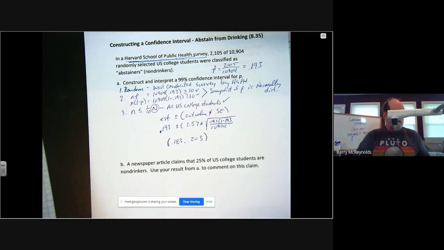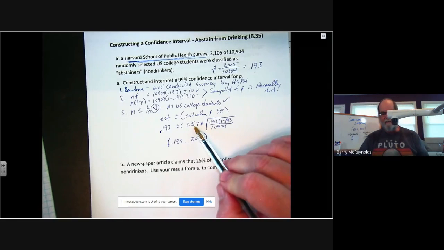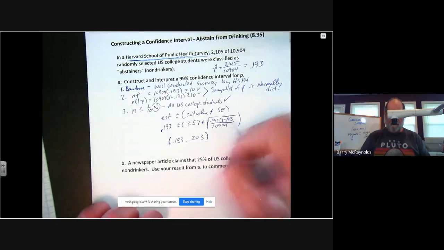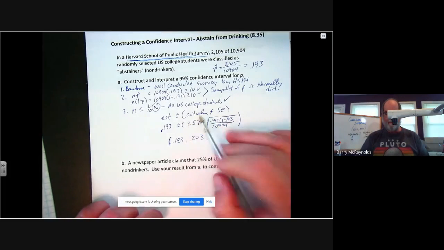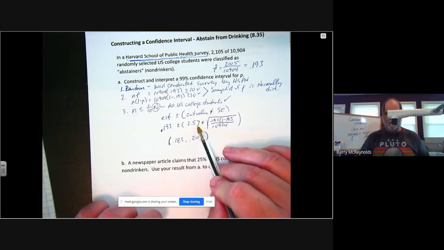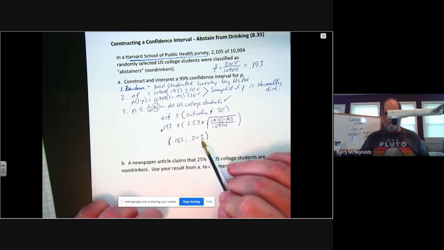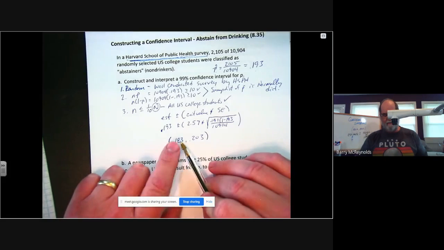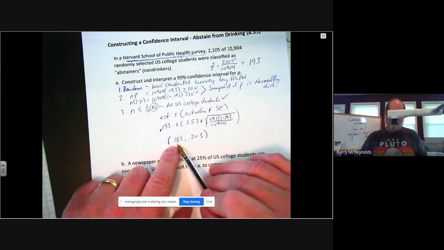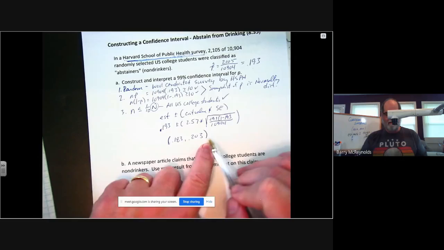Okay. So let's go back to what would happen if we use the other value, 2.58, out of table A for this value. Well, what's going to happen when I multiply these two values together, I'm going to get a slightly larger number here, or this product will be larger, so this one will be slightly smaller, this will be slightly larger.